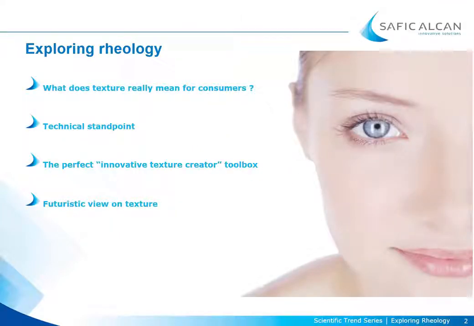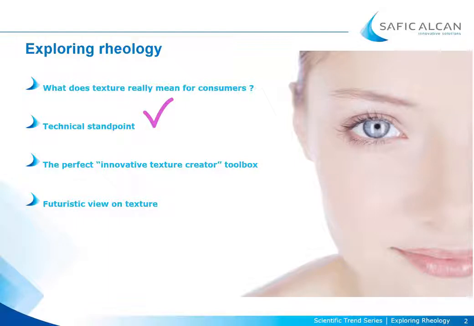Quick view on the agenda. Our journey will start with understanding what texture really means for consumers. We'll look at some market examples, dig into product segments, and decode consumer needs and behaviors. Secondly, we'll ask Joey Hodges, an expert from the Center for Industrial Rheology Lab in the UK, to help us understand what texture represents technically.